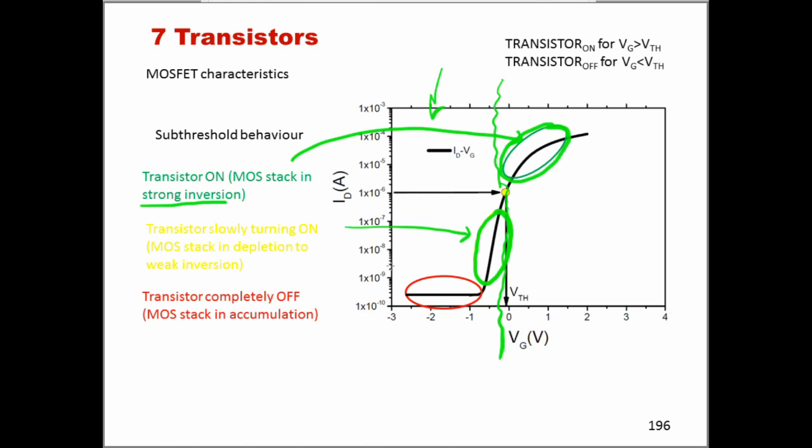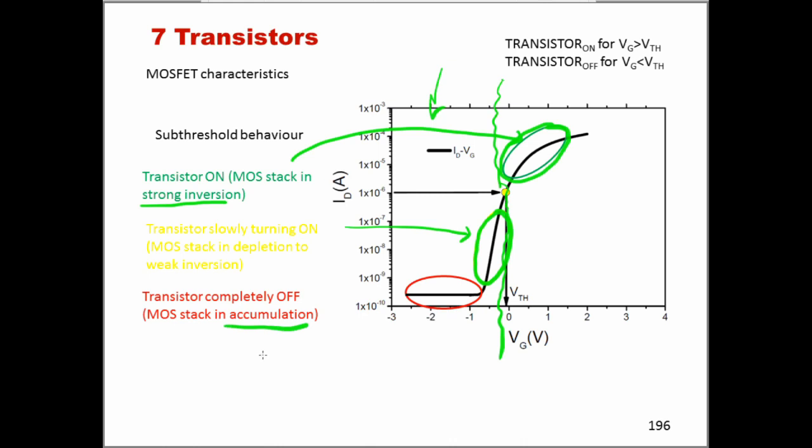And so there is this exponential dependence of the current in this region on the gate voltage. If we keep decreasing Vg now, we eventually turn the transistor completely off because we have moved into accumulation, as far as the MOS gate stack is concerned.